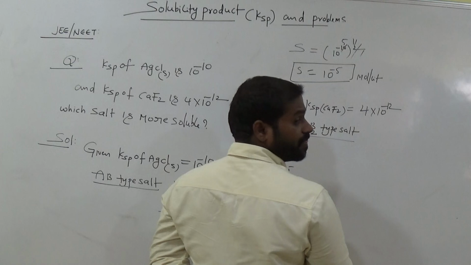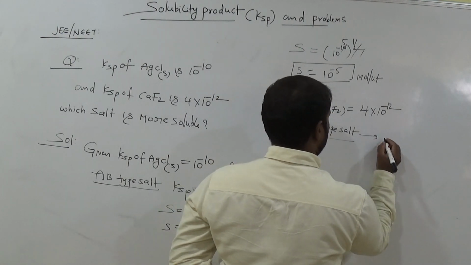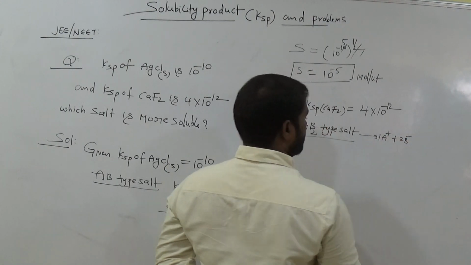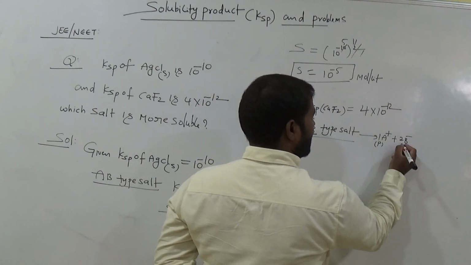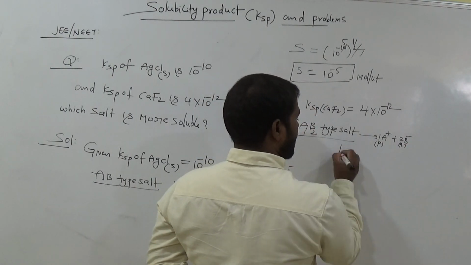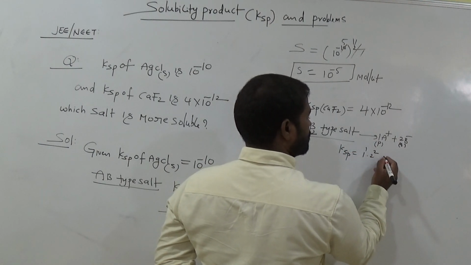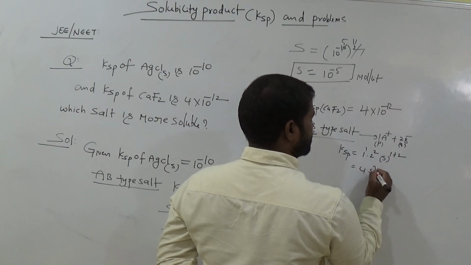Clear? So now how is it ionized? A plus 2B minus, am I right? Coefficient 1, why? Because it is 1. Now these are the P and Q, am I right? Now Ksp expression: 1 power 1 into 2 power 2, S power 1 plus 2, am I right? That is 4 into S cube, Ksp.